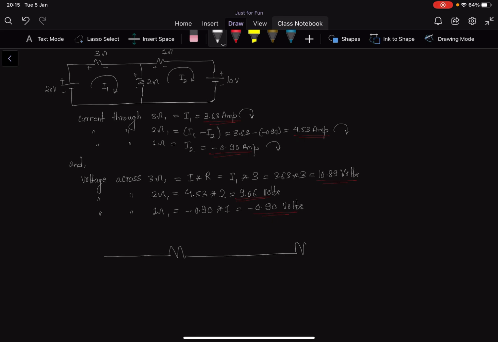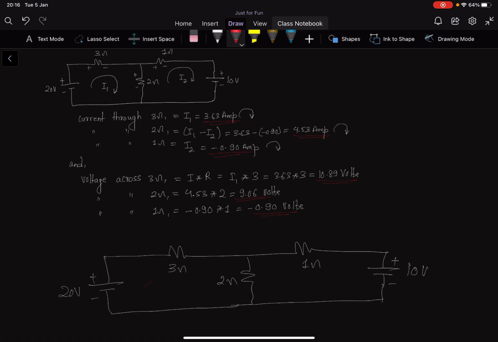The resistor, the value, and the voltage sources, plus minus 10 volt, plus minus 20 volt, and then the 3 ohm resistor here. This is the 2 ohm resistor, this is the 1 ohm resistor. I'm just going to write the currents and the values, everything in red color.